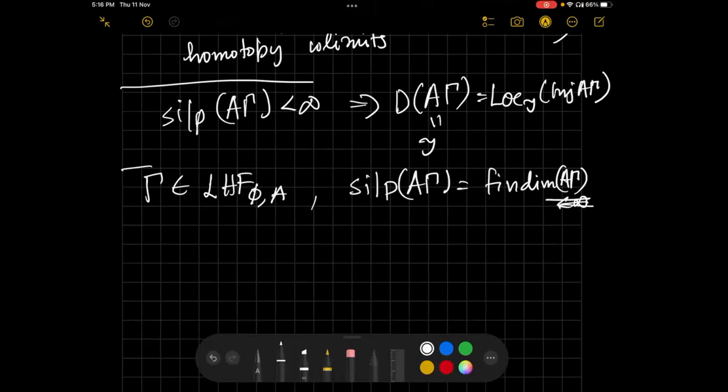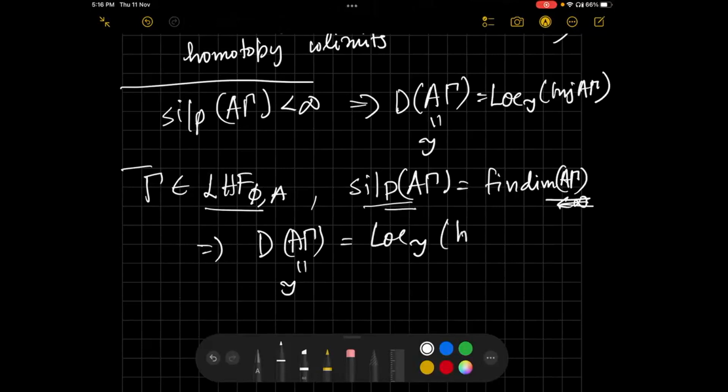Not always smaller than, because of course, if you take, as I was saying earlier, a free abelian group of rank Aleph0, it will be in this class, but all these invariants will be infinite. Anyway, finitistic dimension finite implies SILP finite, and that implies our generation.